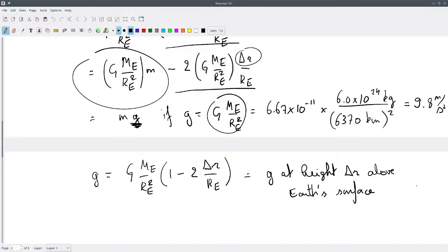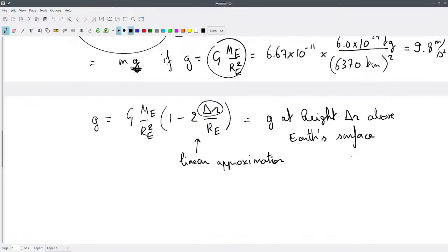But this gives me a linear approximation. It's a linear approximation because I only have a linear term here, right? I'd have something that depends only on delta r, a first order polynomial, and that's because I did my Taylor expansion there.